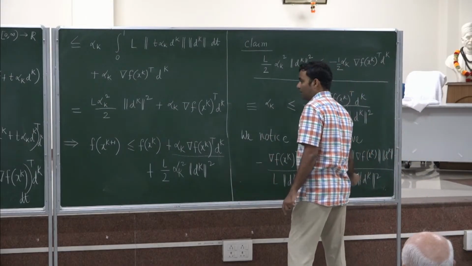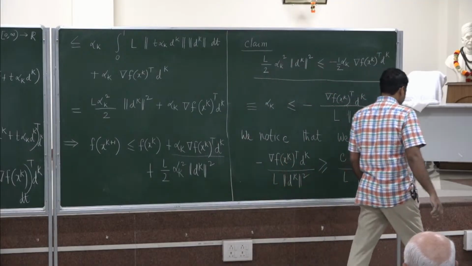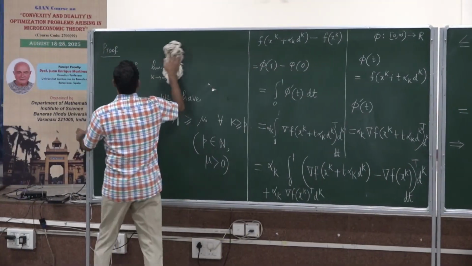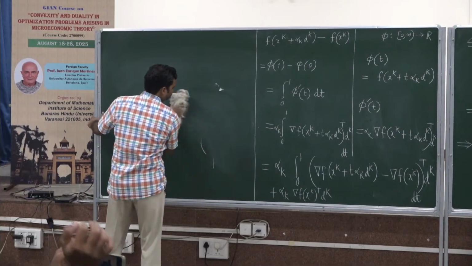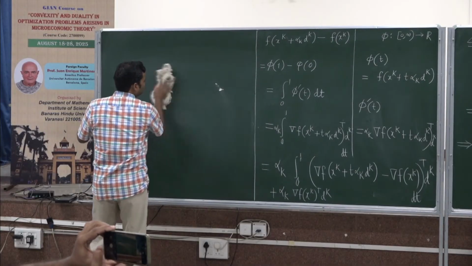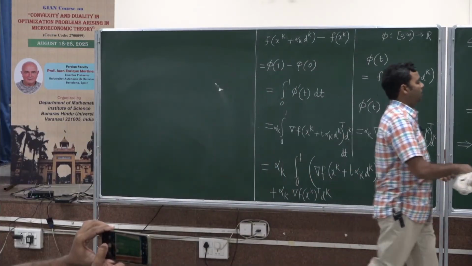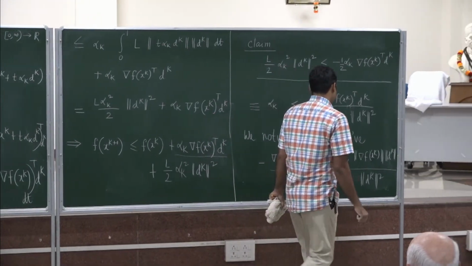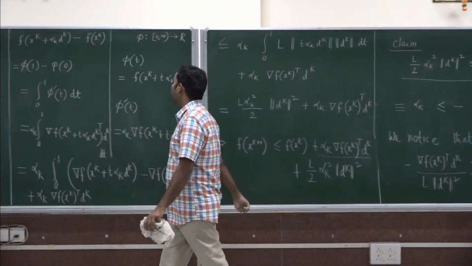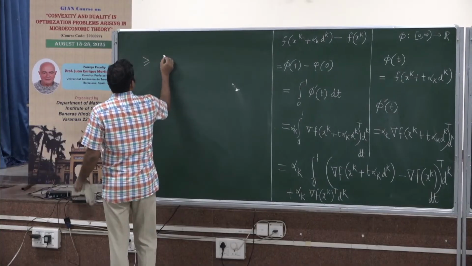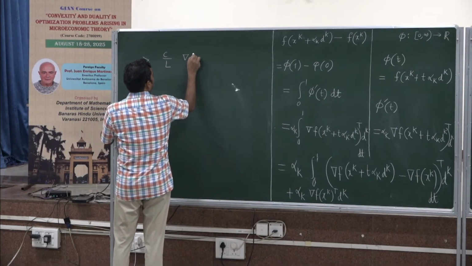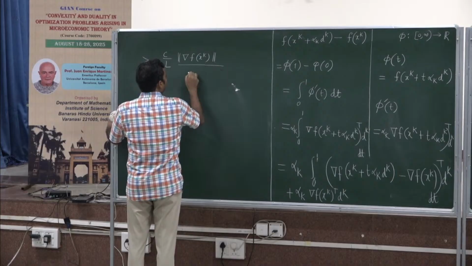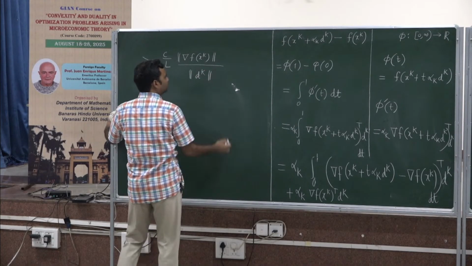So gradient of f, and then simply this is greater than equal to c by L, norm of gradient of f(xk) divided by norm of dk, okay.